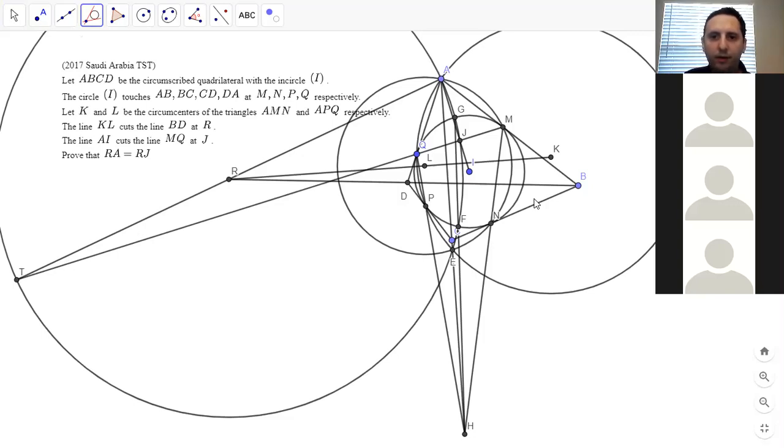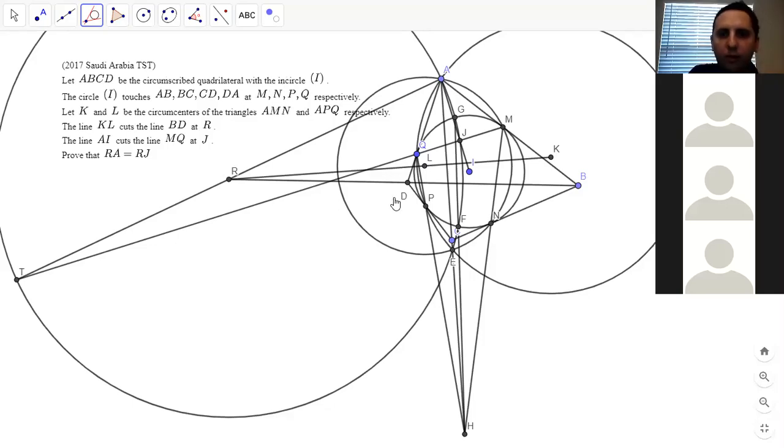I like Stefan's idea. So we know that R lies on the polar of H. What if we let R' be the intersection of the external angle bisector of BAD, and then the circles will be orthogonal, and we try to show that C has equal power with respect to all the circles.